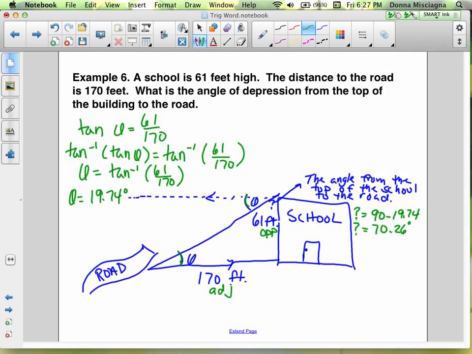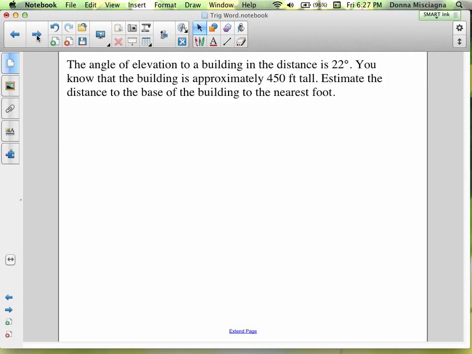So if you weren't sure, you could find them both and just call them different things, and then you've got them both covered, right? And you can find that easily because the two angles add up to 90 degrees. Thinking of triangles, angles in a triangle add up to 180. Two complementary angles add to 90 degrees.